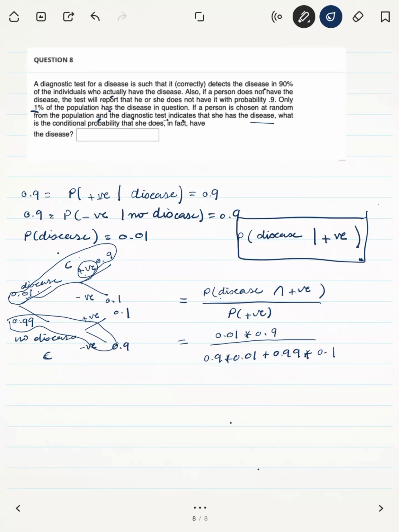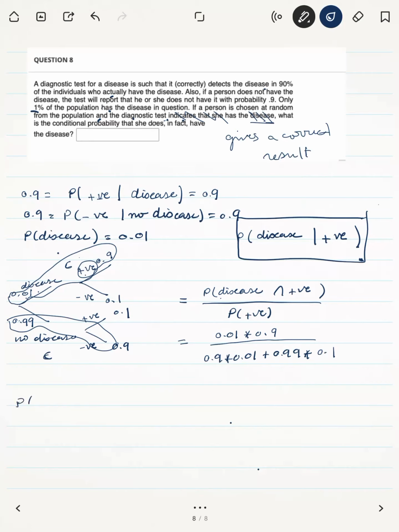Okay, so now, instead of saying the diagnostic test indicates that she has the disease, I'm going to replace this with: the diagnostic test gave a correct result. But we don't know whether this correct result is positive or negative, I mean, whether she has the disease or she doesn't have the disease.